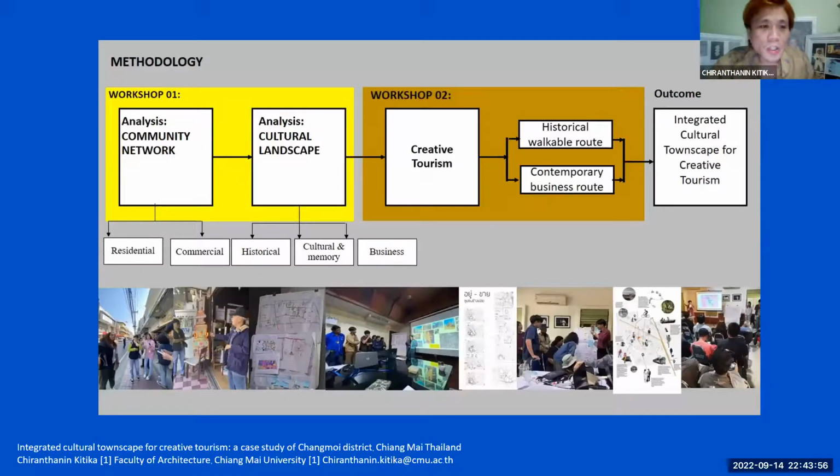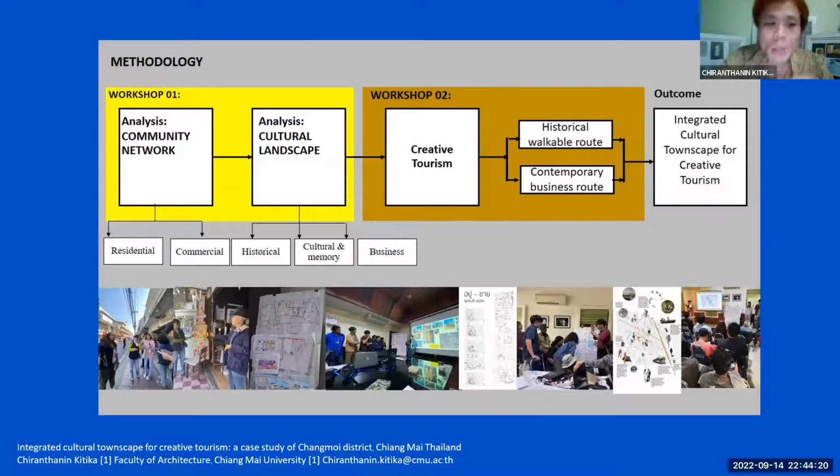So my methodology is gathering people. I select the community networks inside Chiang Mai. This provides three community networks. The first one is local people who live in. The second one is the business owners who live in, and the last one is civil society, which is active people who live near Chiang Mai and work in Chiang Mai.